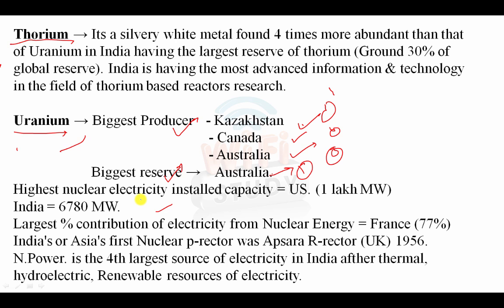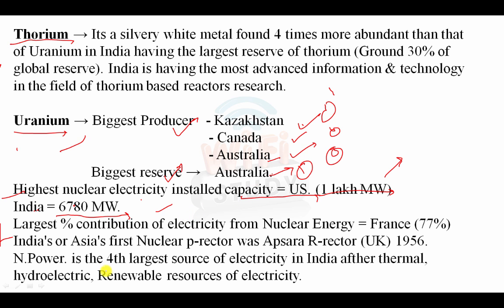The highest nuclear electricity installed capacity is of the US, 1 lakh megawatt. It means the US is producing 1 lakh megawatt electricity by using nuclear energy, and India has 6780 megawatt. So India is right now producing this much electricity from nuclear energy. So you can feel the difference between the two.